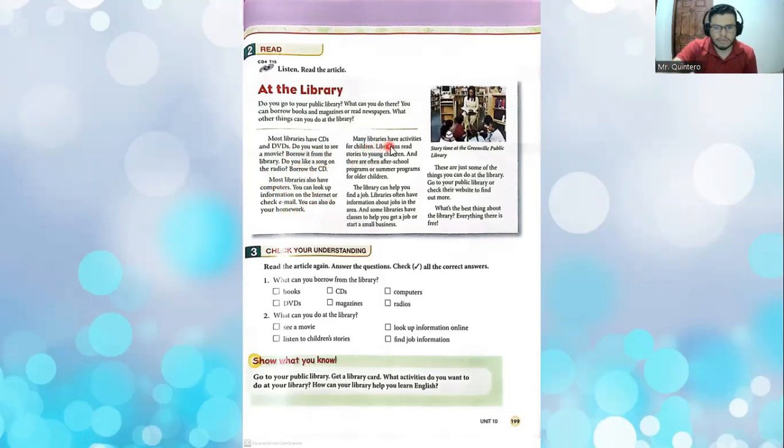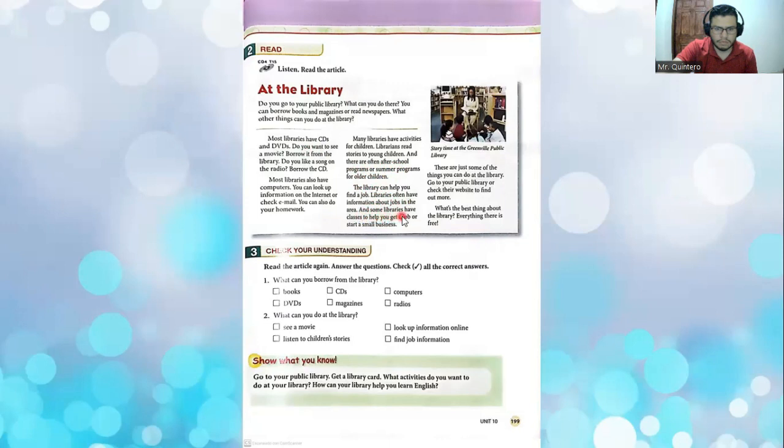Many libraries have activities for children. Librarians read stories to young children. And there are often after-school programs or summer programs for older children. The library can help you find a job. Libraries often have information about jobs in the area.